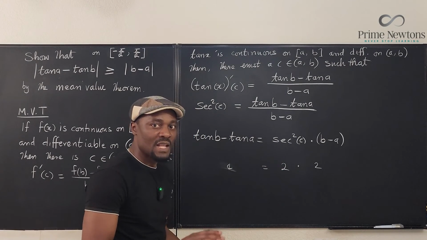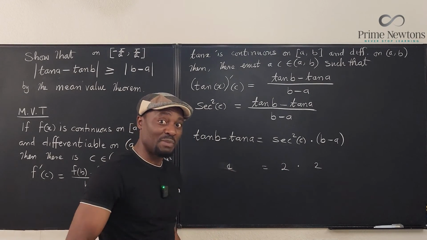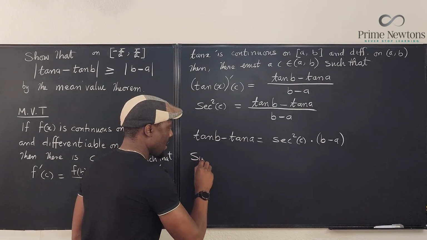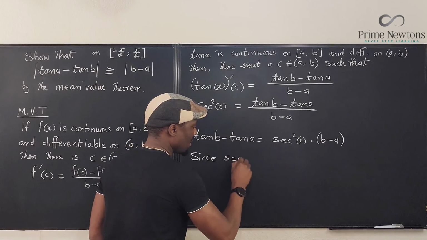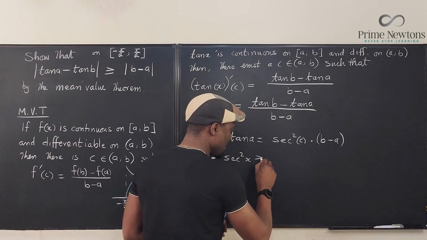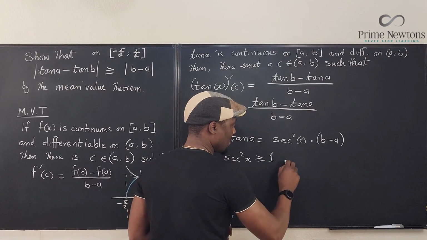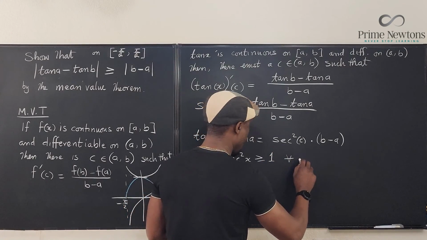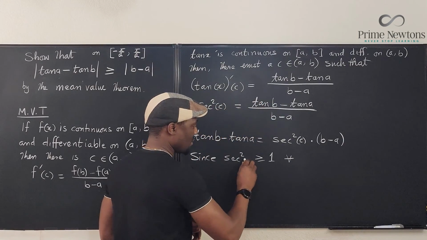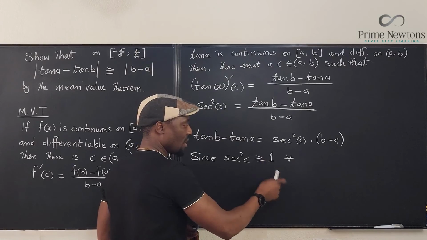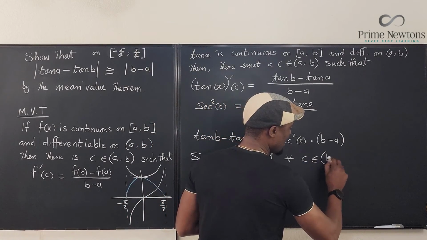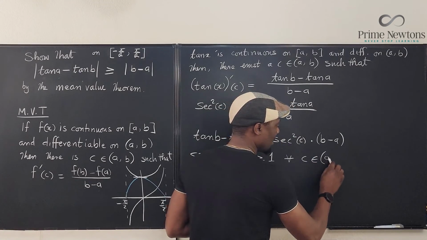So now let us write what I just explained in many words in one or two sentences. Since secant squared x is greater than or equal to 1 for all x, let's use c. Secant squared c is greater than or equal to 1 for all c on the interval AB.